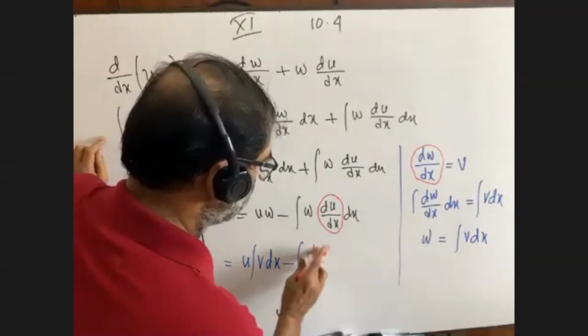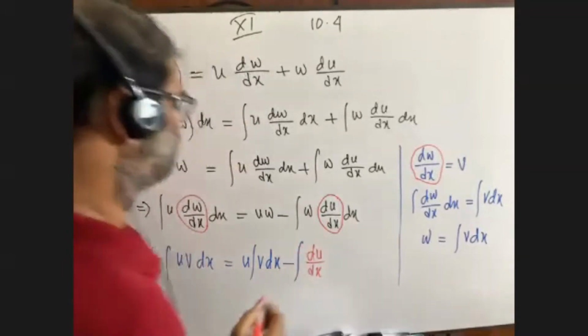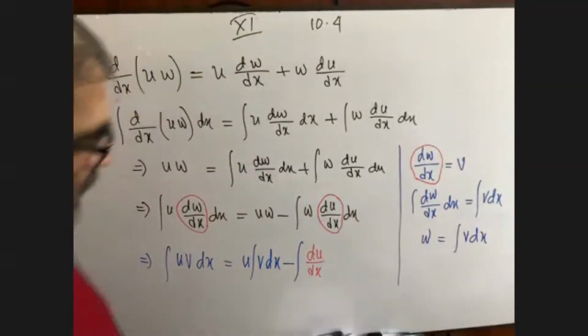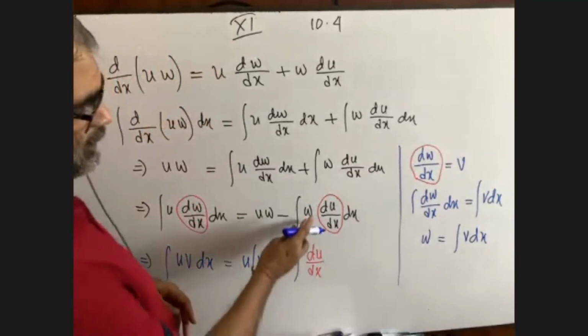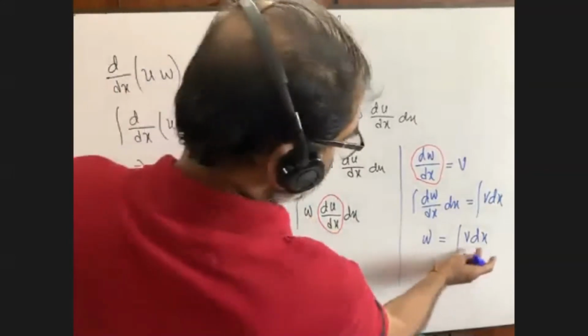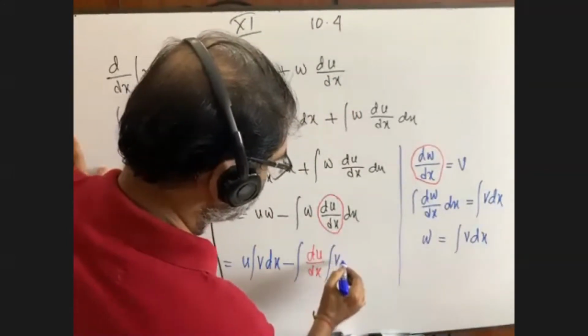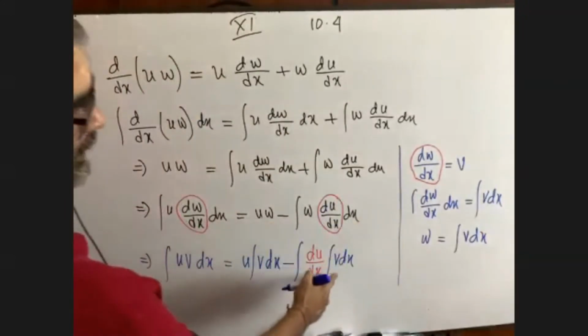This is u. Now what is the value of w? Value of w is integration v dx. Write down v dx.